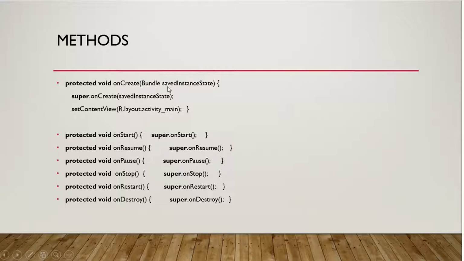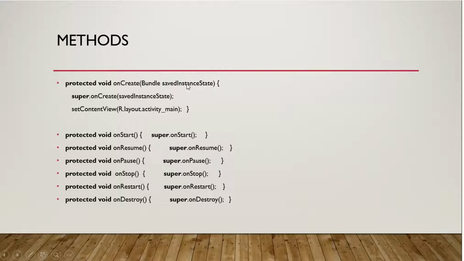Inside the onCreate method, there is savedInstanceState, an object of the Bundle class. This Bundle object is used to save the instance state: what was the previous state of this activity? Was it starting, resuming, pausing, stopping, restarting or destroying? All these states are saved inside this object.